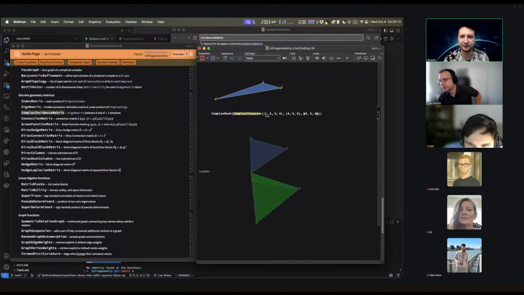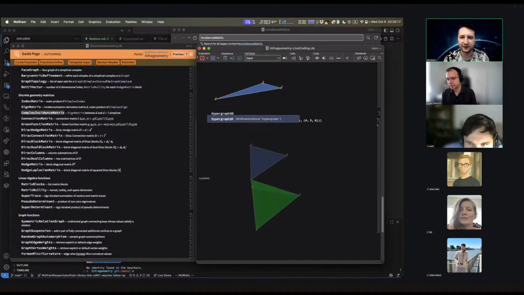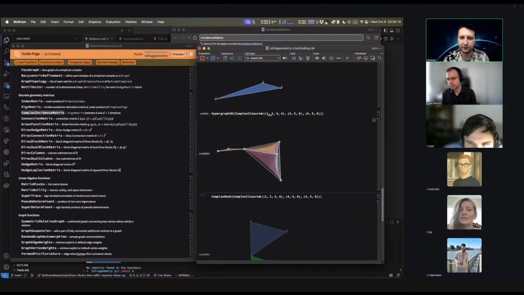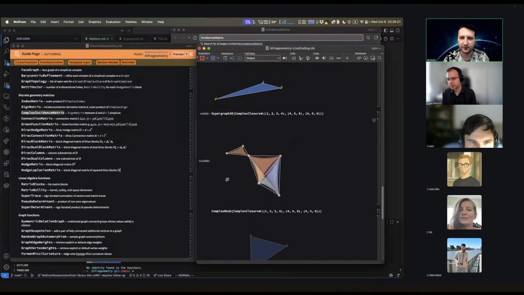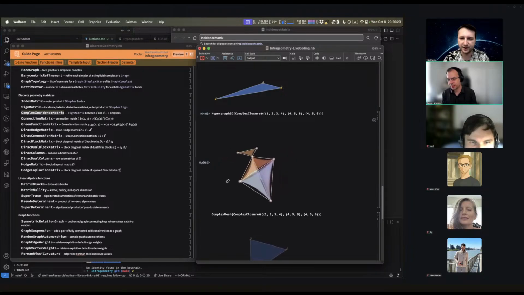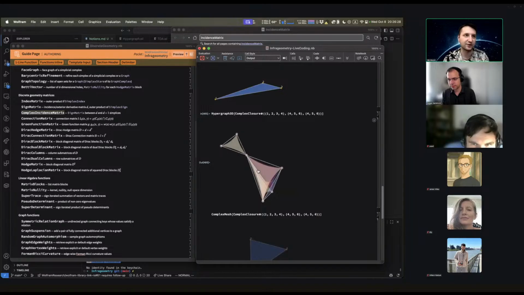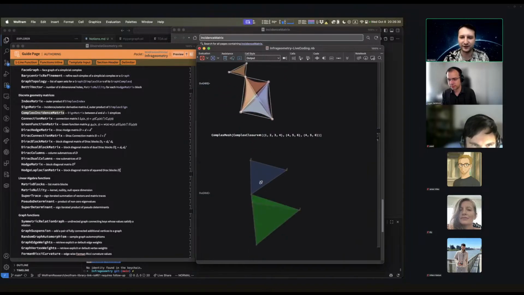So that's why we can't reuse our hypergraph, even though it's nice. We even have a 3D version. It's a little bit confusing because triangles are stretched and it doesn't look like a tetrahedron. This is more obvious that it represents a simplex, right? This is one simplex, this is another simplex.